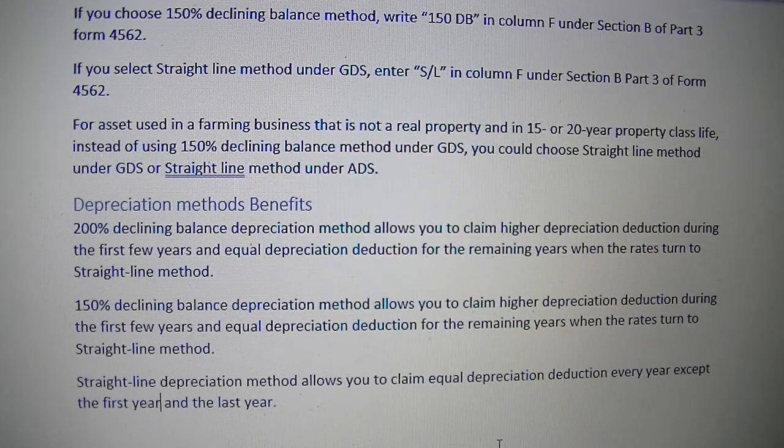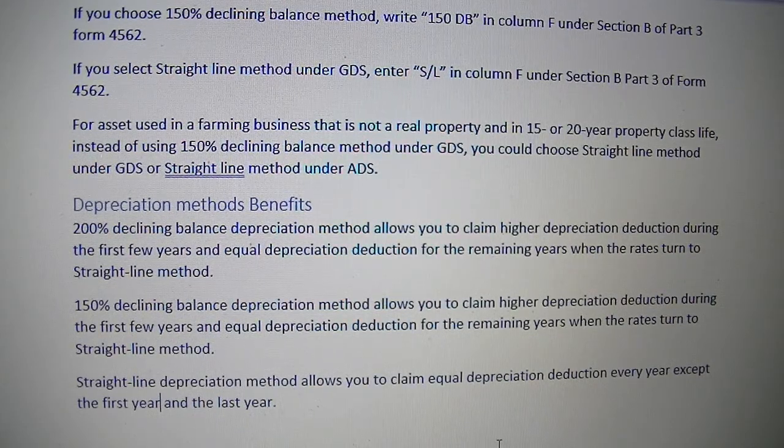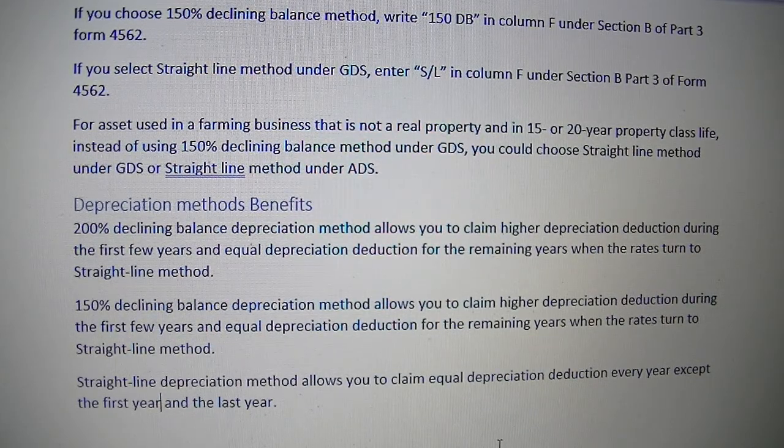And here is the thing. If you use 200% declining balance, and at the beginning you depreciate the asset using it 100% in your business, and in later years you change the percentage used, you use it for personal and for business, well, you won't be able to continue depreciating it with that 200% declining balance.